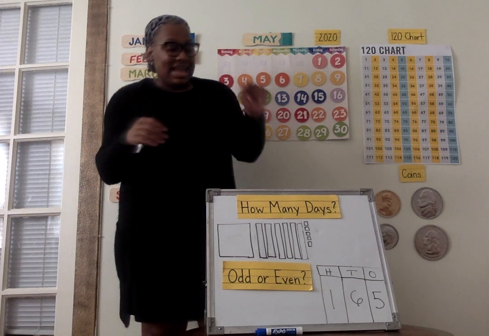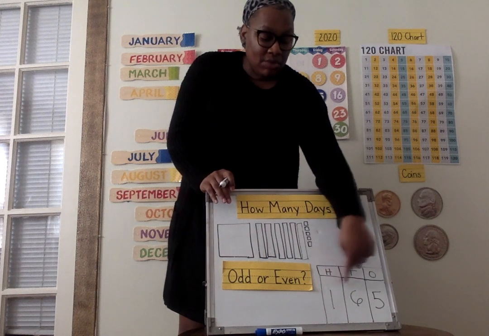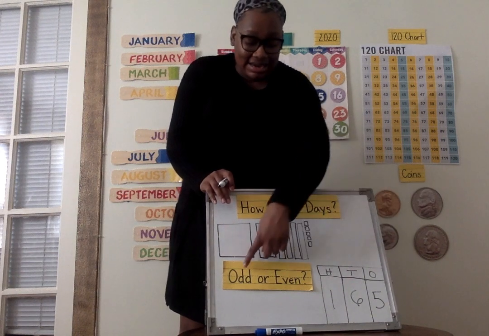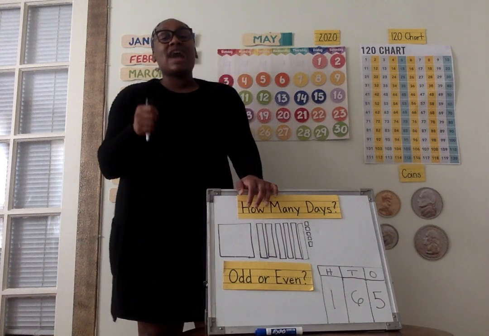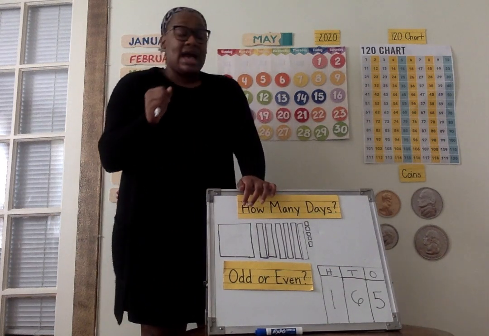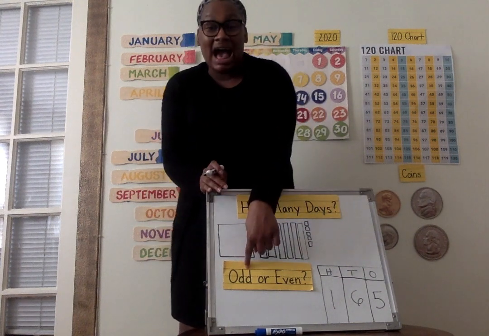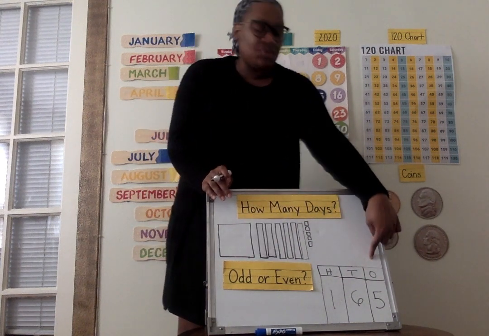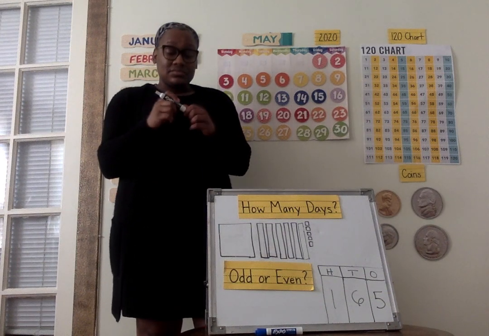I heard a lot of friends say that they knew the number 165 was odd because there's a 5 in the ones place, and they know that 5 is odd.